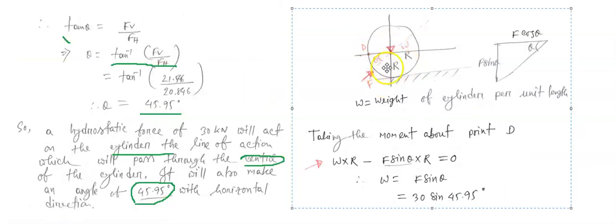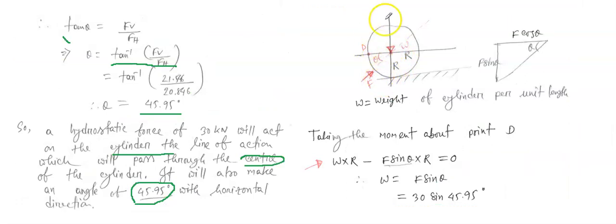So now look at this figure here. Here, this is the pivot point D. Look at this center. The force creates this angle theta, this is the 45.95 degree angle. So this force is going this way.